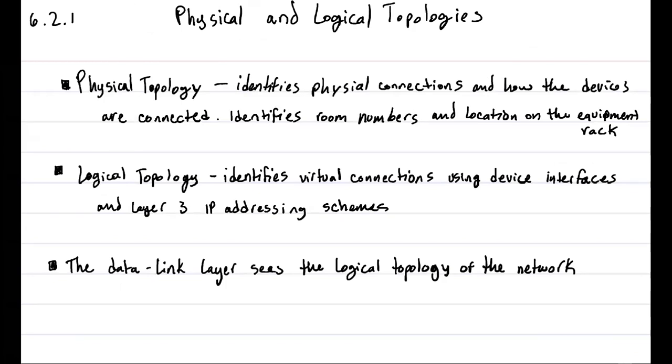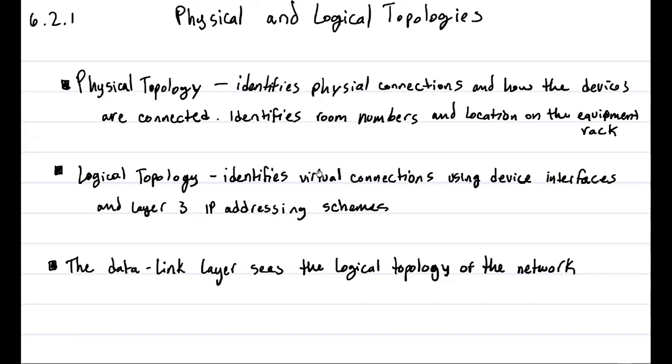All right, now we're talking about the different types of topologies. There's something that we covered in chapter 2, I believe, chapter 2 or 3. Physical topology identifies the physical connections and how the devices are connected. It identifies room numbers and locations on the equipment rack. Logical topology identifies virtual connections using device interfaces and layer 3 IP addressing schemes.